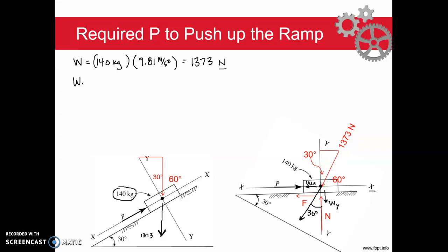So Wx is going to equal 1373. Now the angle we have here, 30 degrees, that's with respect to the vertical, which is not the angle we like to use. We like to use the other angle, which is 60 degrees. 60 and 30 makes 90. So I want to use 60 degrees so I can use cosine to find my x component. 1373 times cosine of 60.